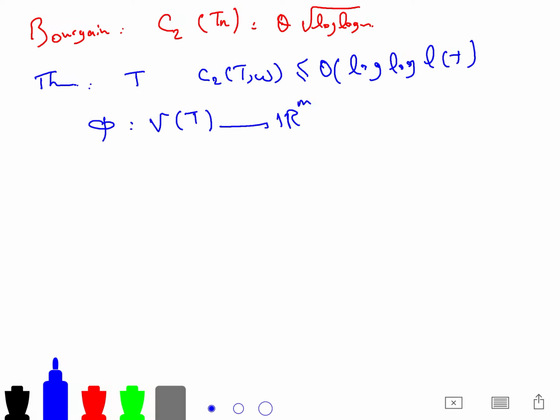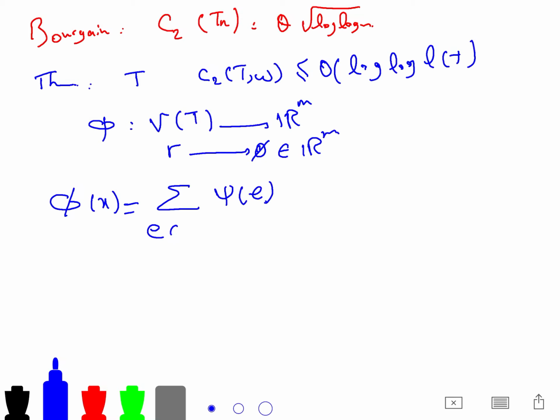The root of your tree goes to 0 in R^m, and we map the vertices to points in R^m. The first suggestion is that f of x is the sum of psi of e, where e is in the path pi of x.